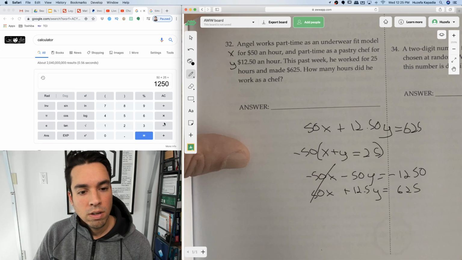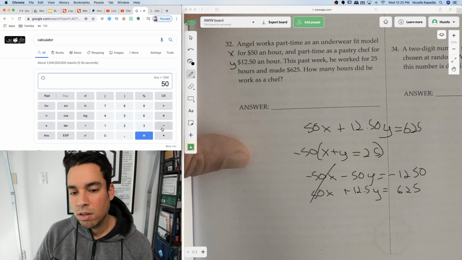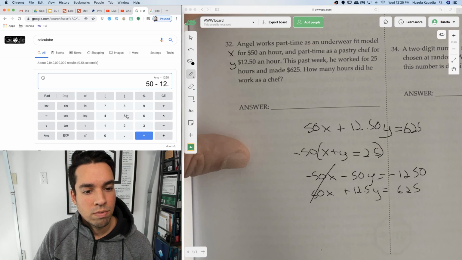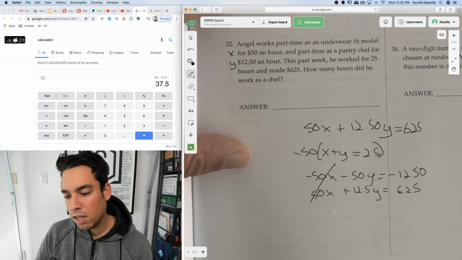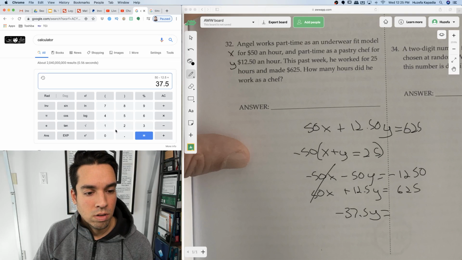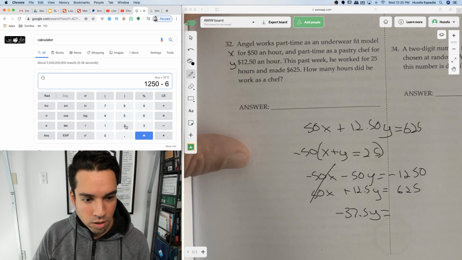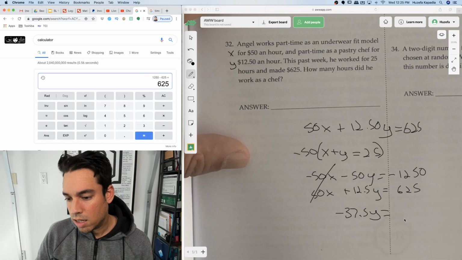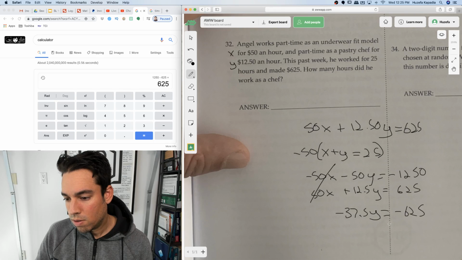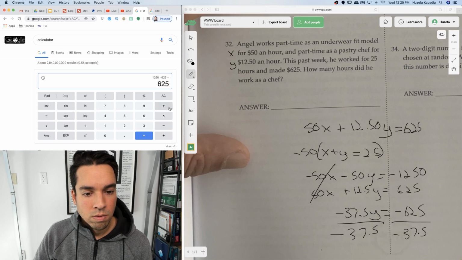Cancels out. 50 minus 12.5. Negative 37.5y equals 1250 minus, that's 625. I'm pretty sure, I'll double check. And that's negative 625. And then we're going to divide both sides by negative 37.5. I'll just do positive because I have positive here.